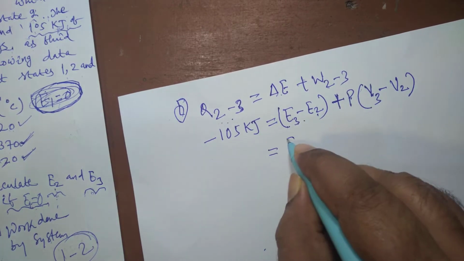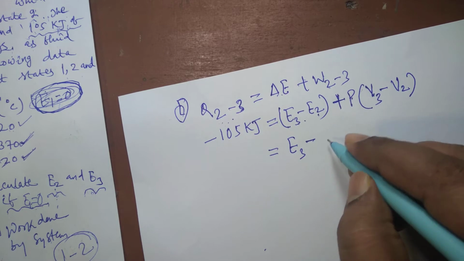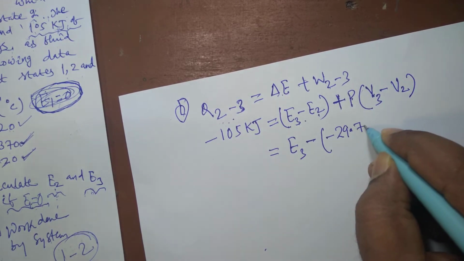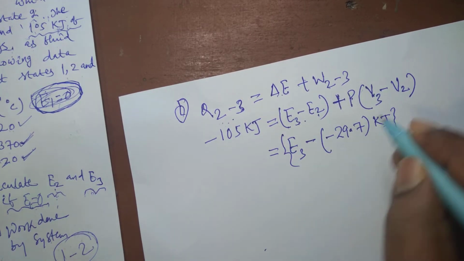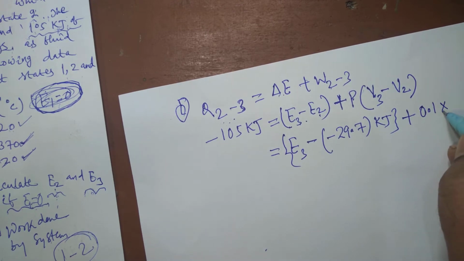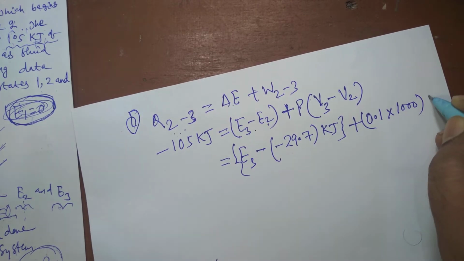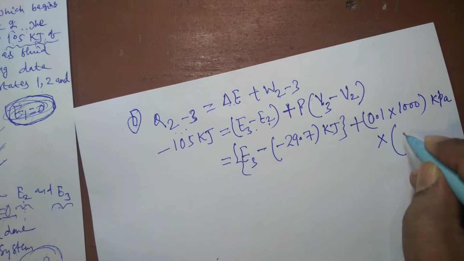E3 is what we are required to find. E2 we just found out, and it came out to be minus 29.7 kilojoule. The pressure is 0.1 megapascal, which means 0.1 multiplied by 1000 kilopascal, into V3.